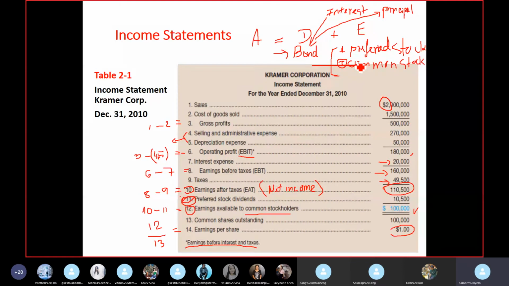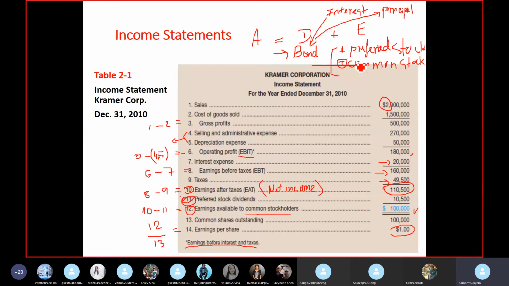But the people who hold the bond, even if the company has no profit or is losing, still get interest over the period, and when the maturity is finished they get the principal and interest as well.